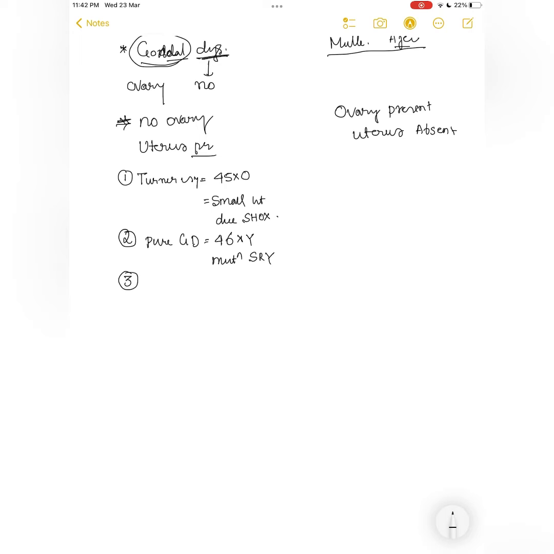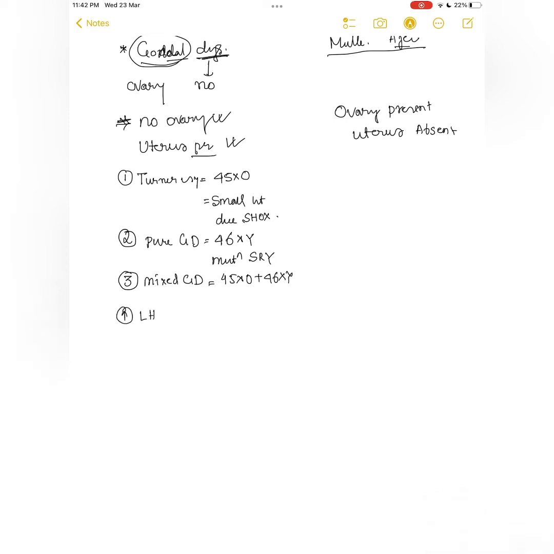Next is mixed gonadal dysgenesis, a mixing of Turner and pure, like 45XO plus 46XY.